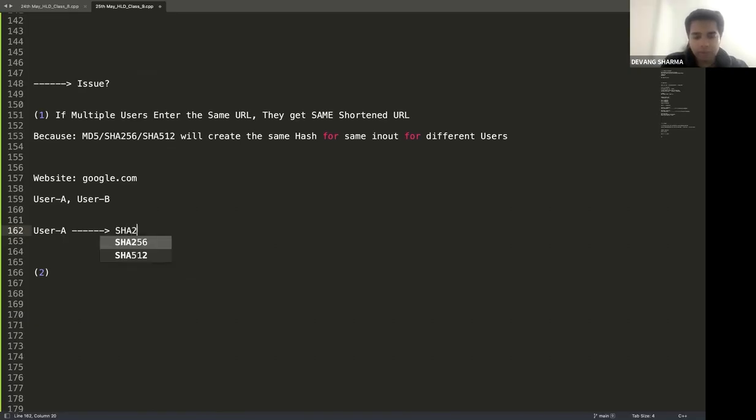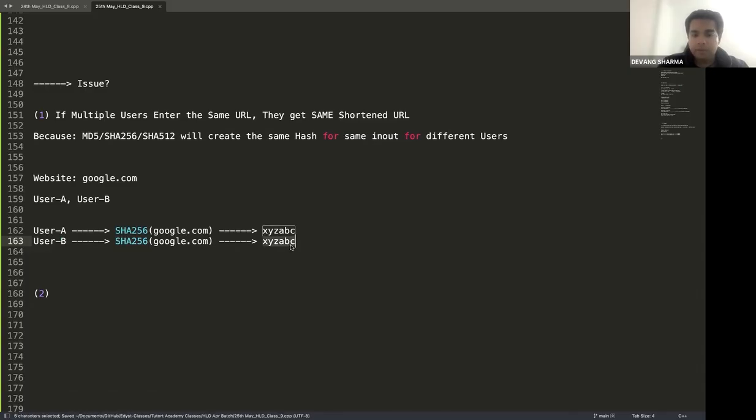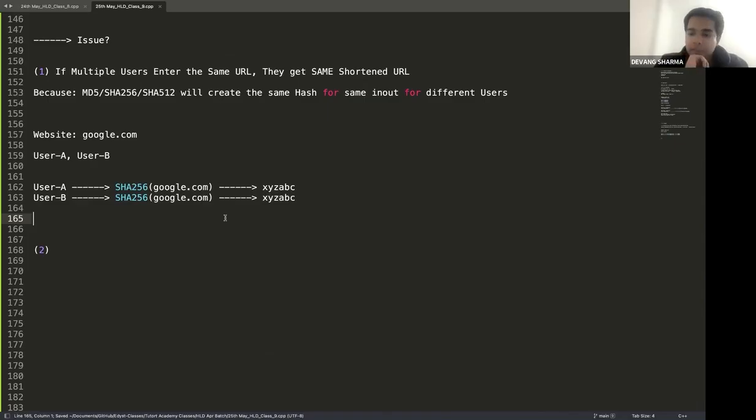So let's say SHA-256, for example. It can be any of the encoding algorithms. It converted to X, Y, Z, A, B, C. And user B goes, we'll talk about it one by one, guys. Google.com, again, it will generate X, Y, Z, A, B, C. All agree with this statement?